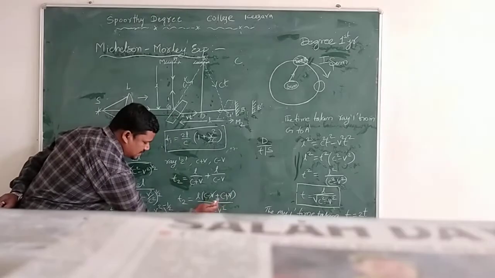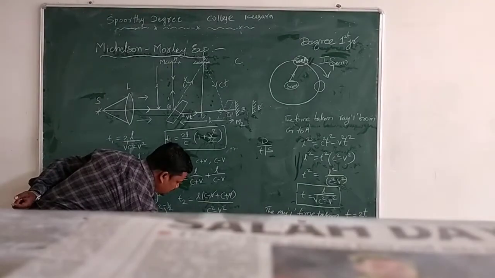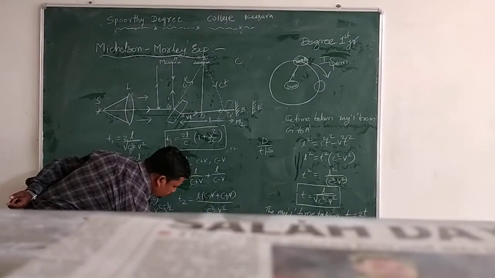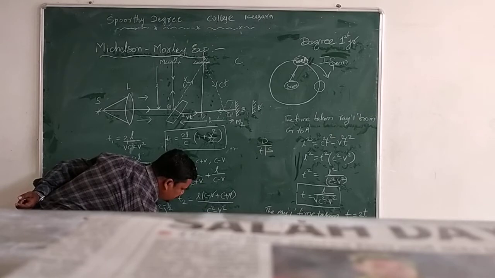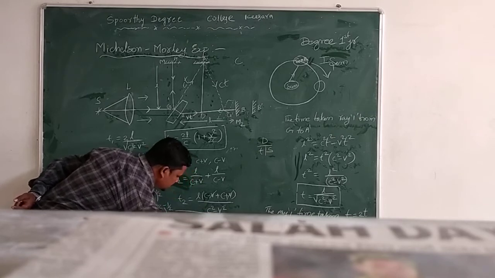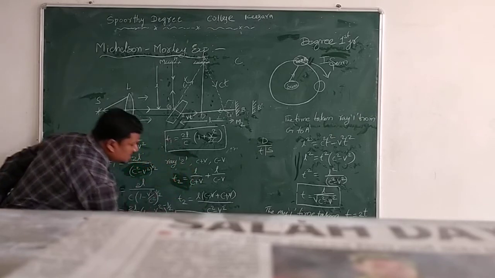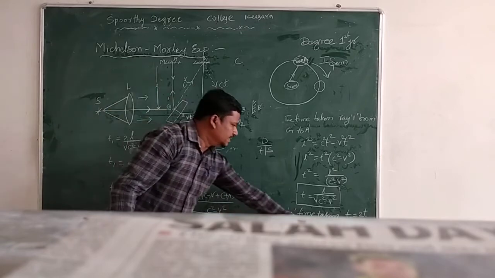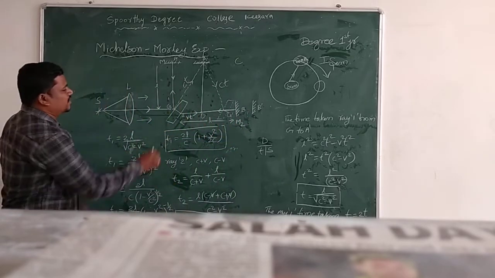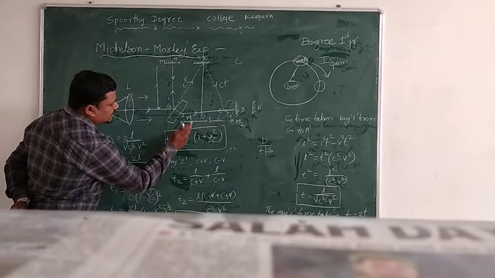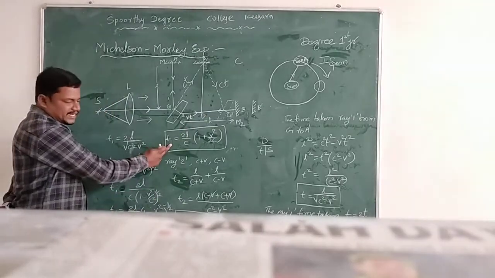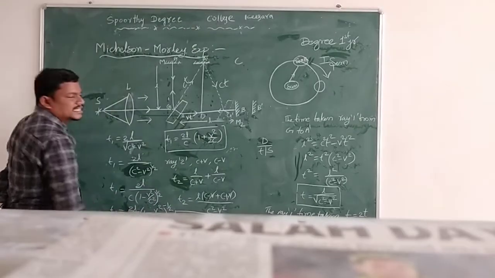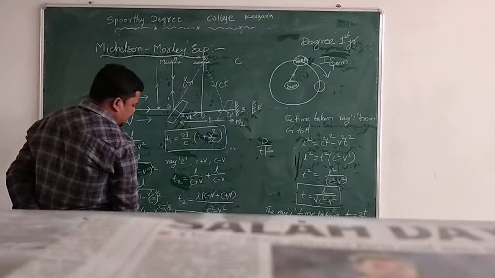Then C plus C, 2C, 2LC by C square minus V square. T1 for first ray, T2 for second ray. T1 means first ray taken time, T2 means second ray taken time.